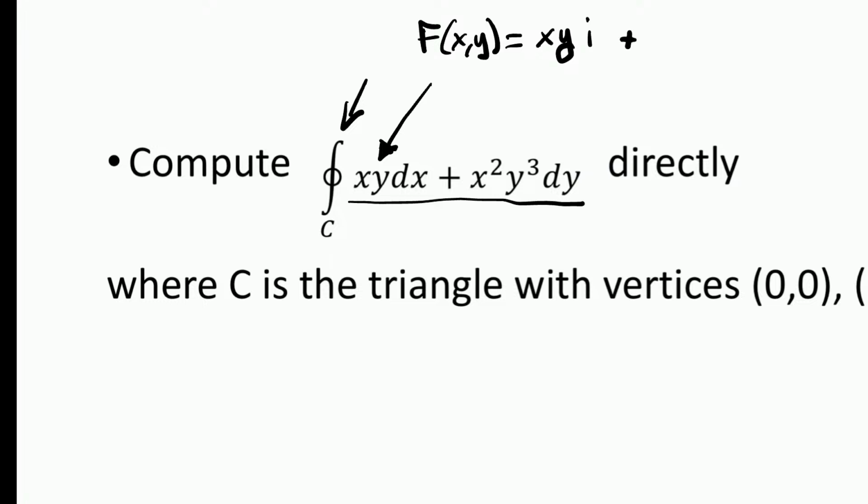And then the second piece, x squared y cubed, is the j component of this vector field. And this here, dx and dy, that's just dr. We're using dx and dy as a stand-in for dr. When you do the dot product of this with dx i, dy j, you get that and that. So this is just another way of writing the integral of f dotted with dr.